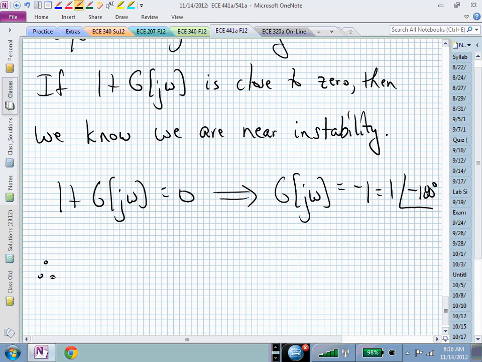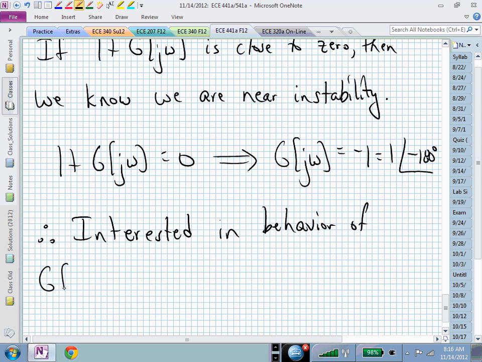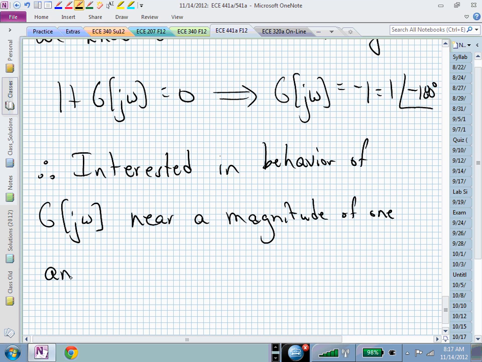So we're interested in the behavior of our system's frequency response of g of j omega near a magnitude of 1 and a phase of minus 180 degrees.